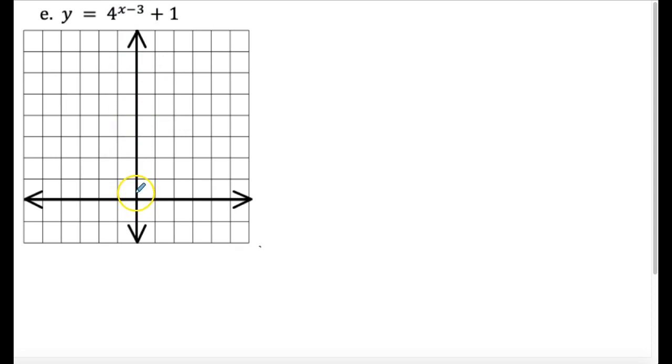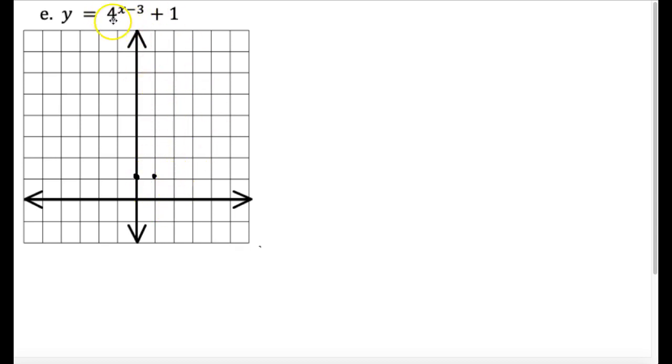So that's going to be something like, right there, like 1 and 1/64. Well, what if I plug in 1? Right, so 4 to the negative second power plus 1, well, that's going to be 1/16 plus 1, so that's still just barely above 1.